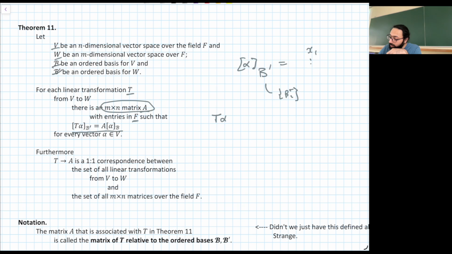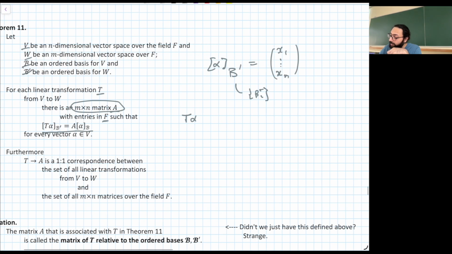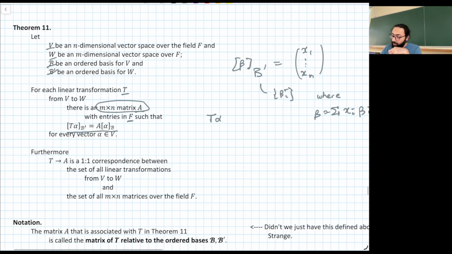So it's x1 to however many basis elements there are, where alpha is a sum of, well, let's just say beta because we are writing the second one. Where beta is a sum of xi beta i. So that was the definition. Is that okay?